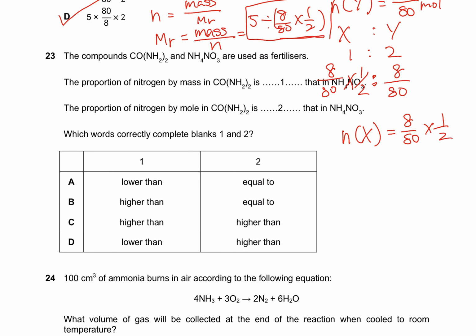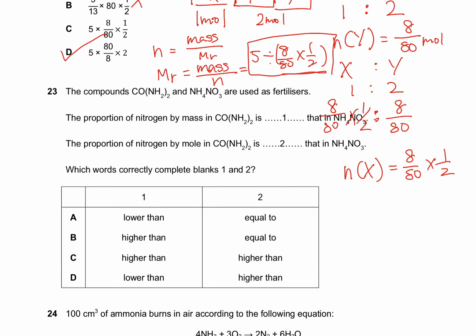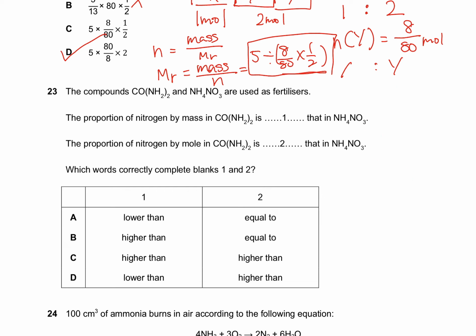Question number 23. I'm given two compounds, and there are two interesting words over here. They said the proportion of nitrogen by mass and the proportion of nitrogen by mole.